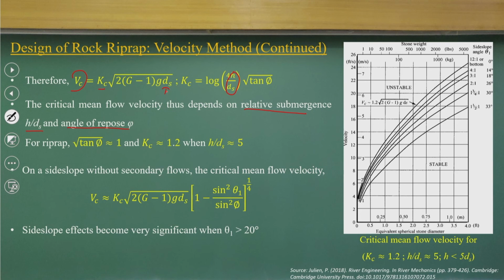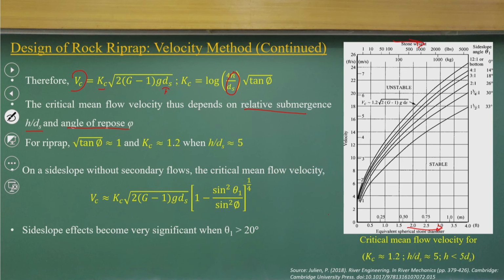If you look at it, a very interesting design chart has been provided. On this axis are the diameters, equivalent spherical stone diameters, and this is the stone weight, because you know the specific gravity, you can find the stone weights.